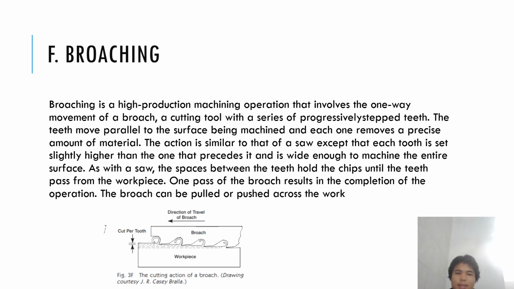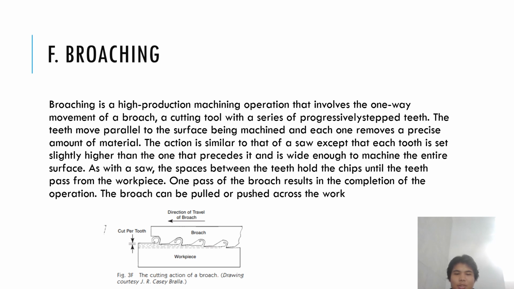Broaching is a high production machining operation that involves the one-way movement of a broach, a cutting tool with a series of progressively stepped teeth. The teeth move parallel to the surface being machined, and each one removes a precise amount of material.